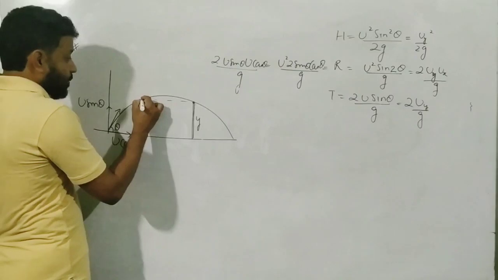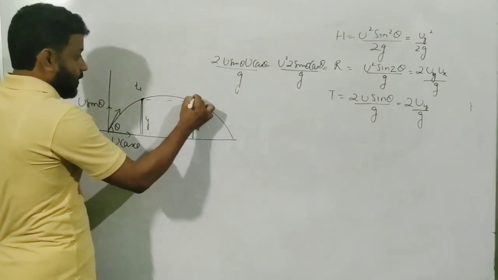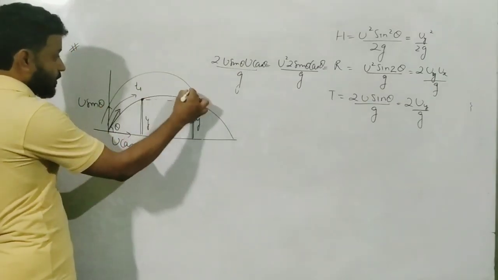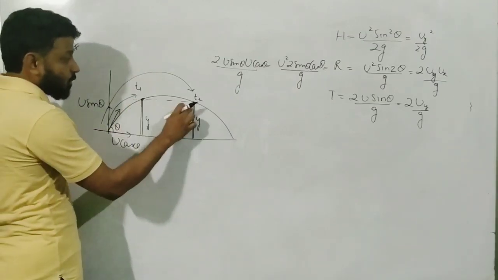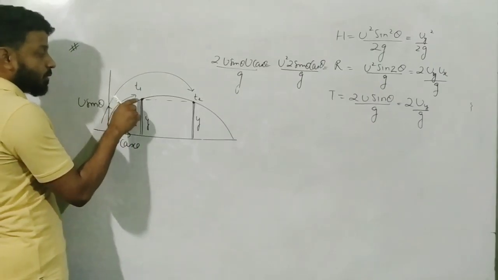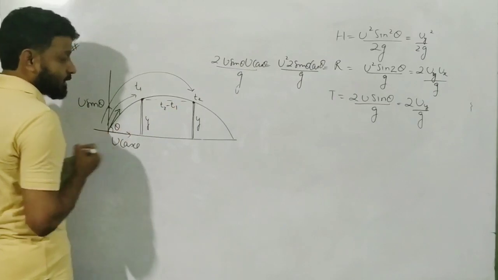If I consider that the body is crossing this point at time t1 and then crosses this point at time t2, such that from here to here is t1 and from here to here is time t2, then what is the time between the crossing of these two heights? That is t2 minus t1.